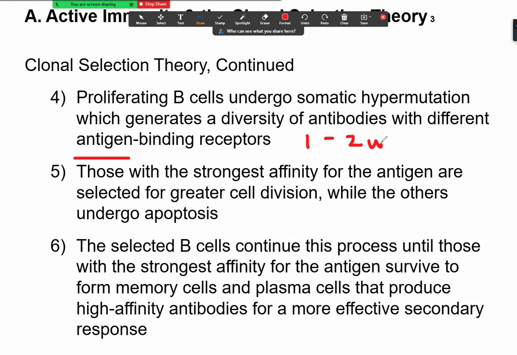It takes time for your cells to keep dividing and releasing protein until you actually make the right antibody that has the highest affinity, the strongest binding power to the antigen. Once it finds that one, all the other cells are broken down, and that B cell stays intact and becomes a memory, so that you've seen it. This is how the body forms that memory.